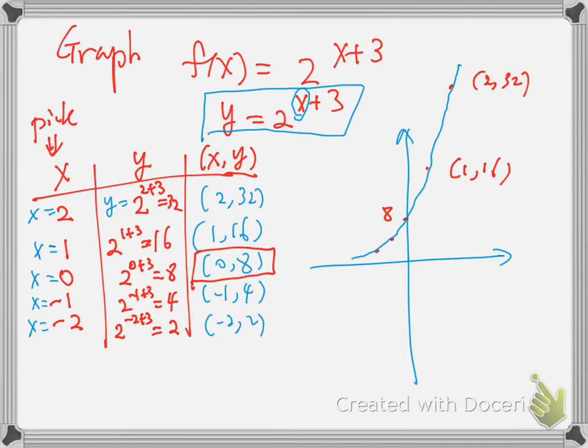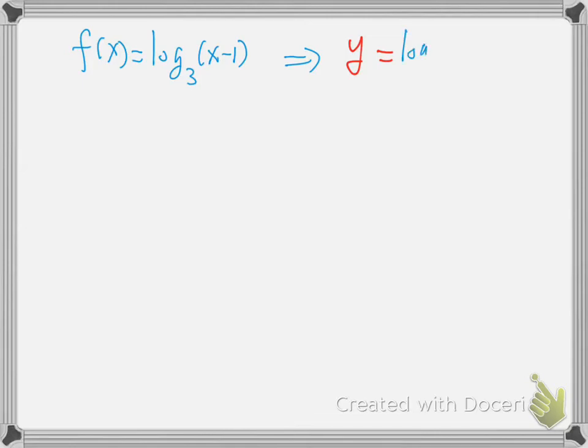Now let's look at the second one. The second one, we want to graph this log function. It's much harder. A lot of students didn't give me the right graph. So still, first step, we change f(x) to y. So we got y is log base 3 of x minus 1.